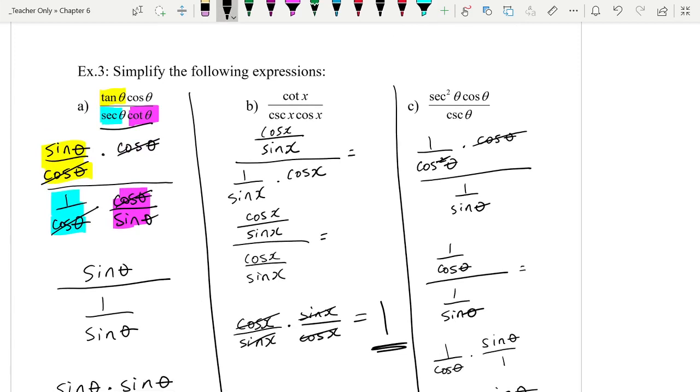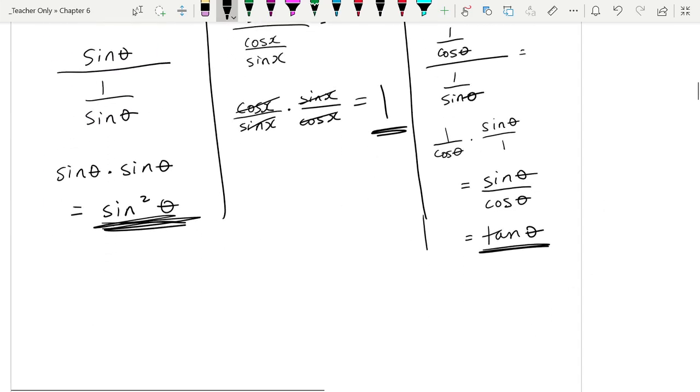Like, for example, cosine could not be 0 because then I'd have tangent, sine over cos, right? Tangent of 0 doesn't exist. Or tangent of 90 doesn't exist. So theta couldn't be 90. Cosine could not be 0 because secant's 1 over cosine. You get the idea. But for the most part, we'd say that these are what we call identities.